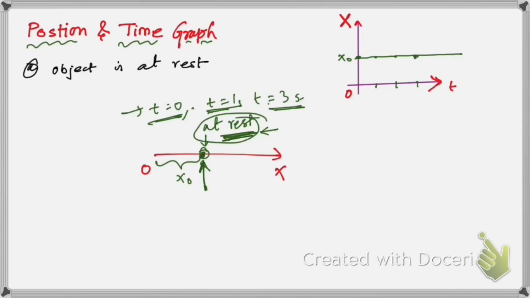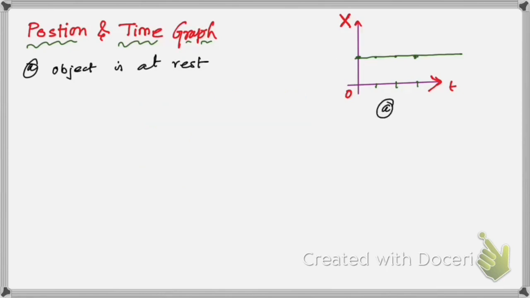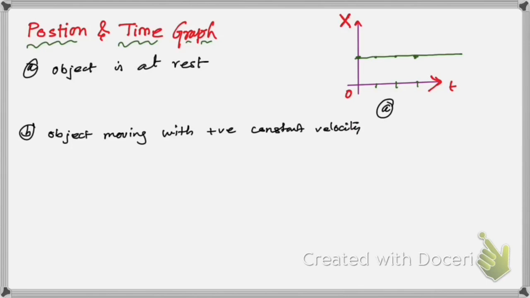Now let us draw a graph for an object moving with positive constant velocity, right? So what is going to be the graph?